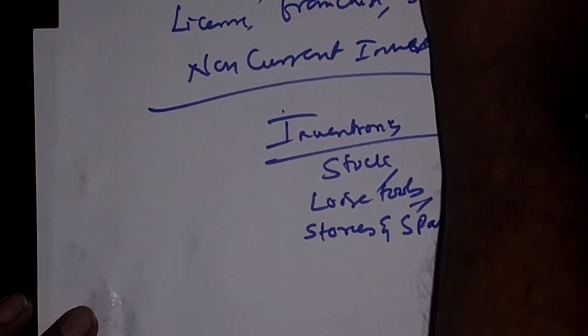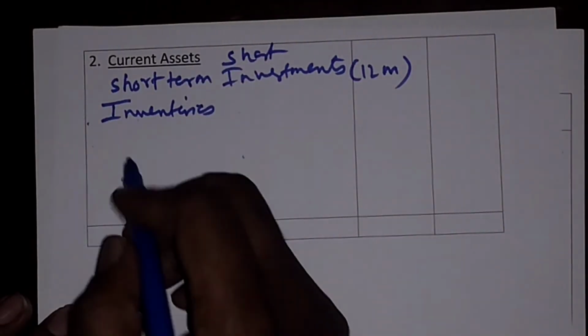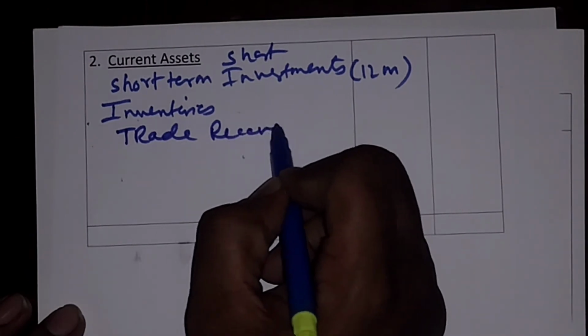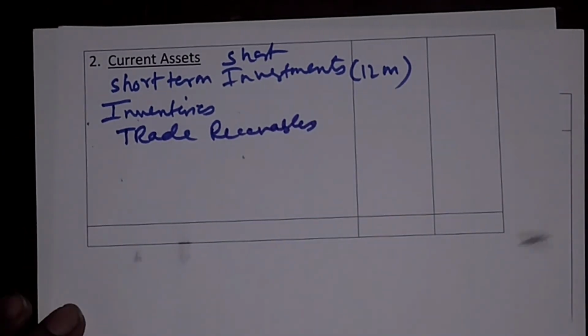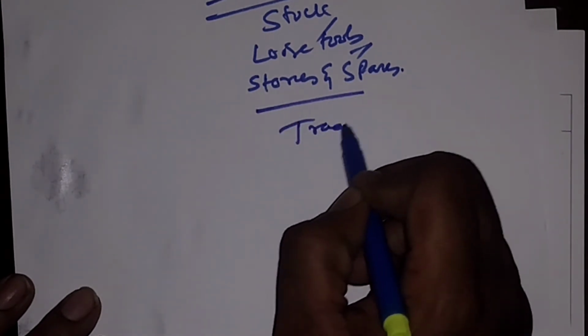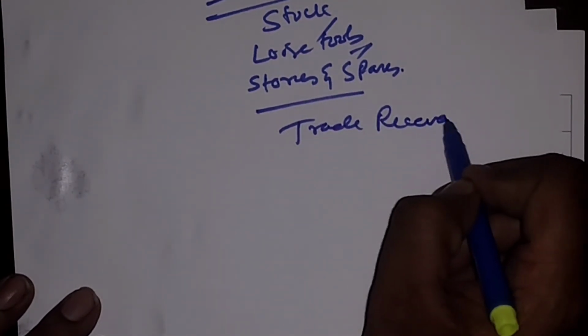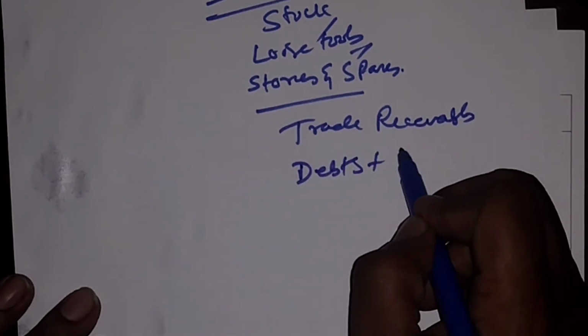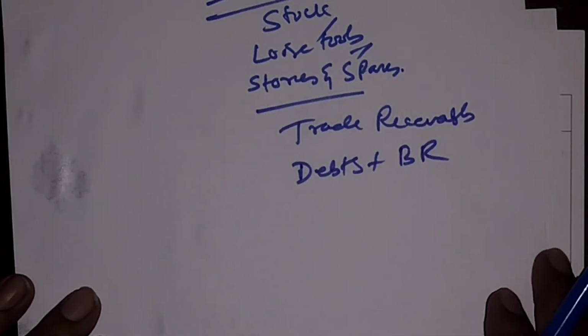After inventories, in current assets we have trade receivables. What is trade receivables? Trade receivables equals debtors plus bills receivable.